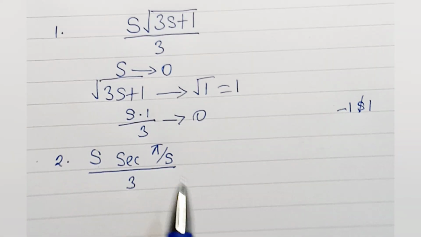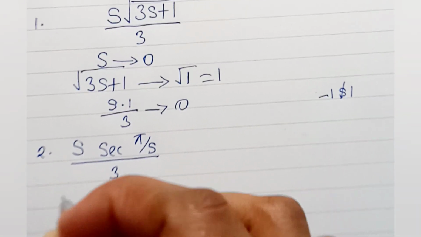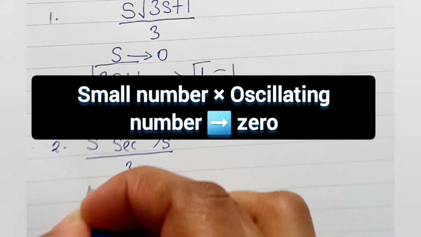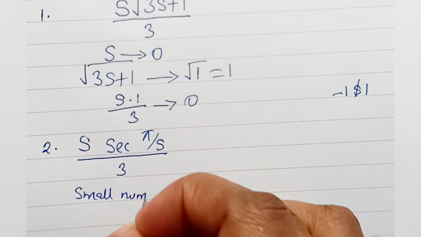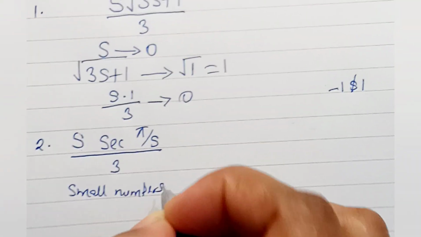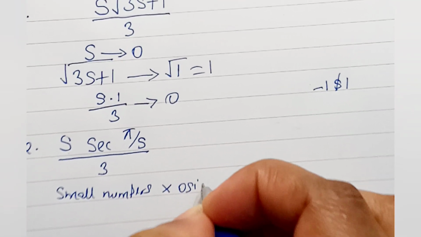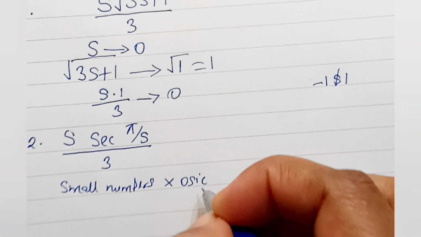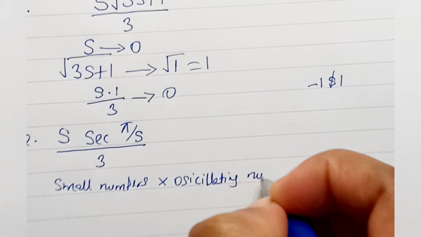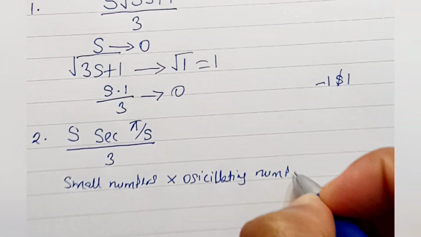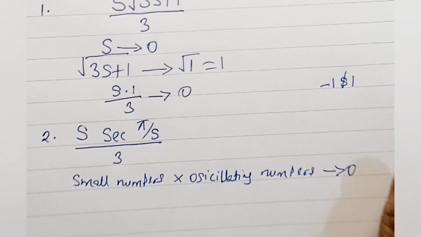Small numbers multiplied by oscillating numbers tend to 0.